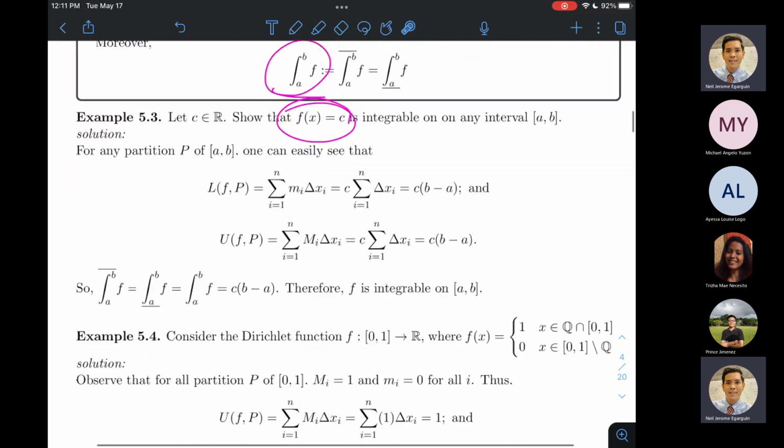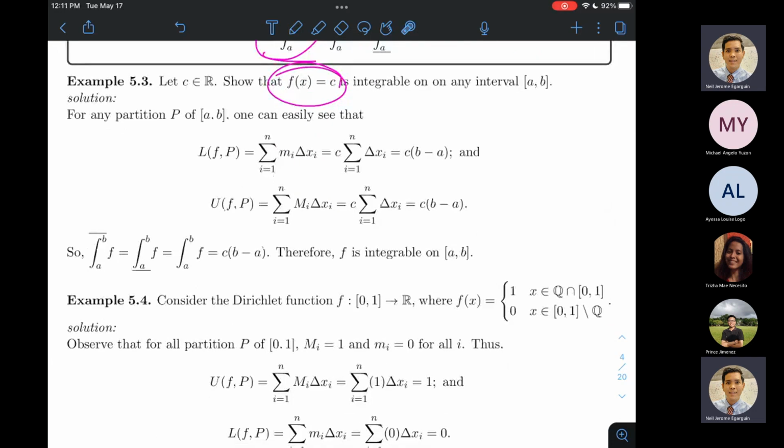Pero just to give us a tangible idea about how this definition works, let's consider some elementary functions. Unahin nga natin yung constant function f of x equals c. Now, dahil constant lang naman, sa closed interval a, b, madaling kunin yung formula para sa lower at saka sa upper Riemann sum. Kasi kahit paano natin hati-hatiin yung closed interval AB, all right?